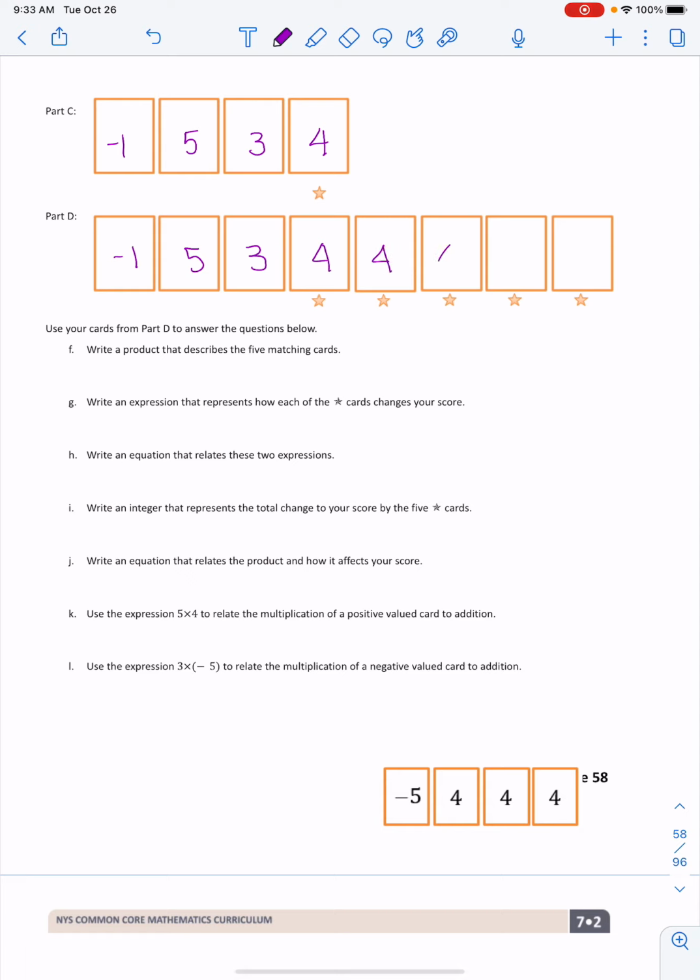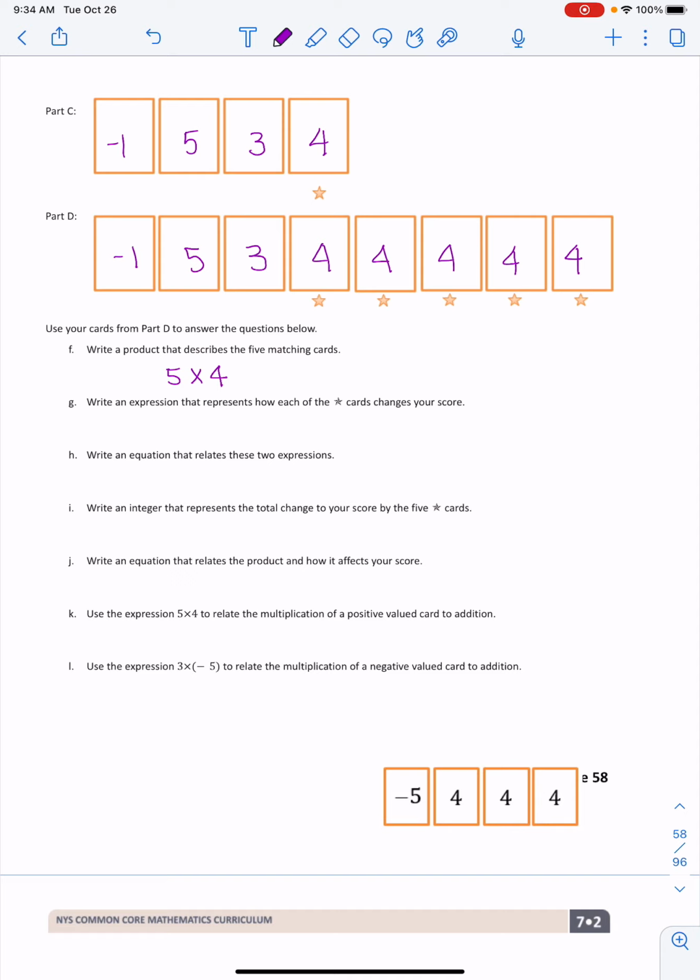If I bring those cards down, and I continue with the star card, and I add 4 more of them, it says, write a product that describes the 5 matching cards. Well, 5 times 4. It says, write an expression that represents how each of the cards changes your score.